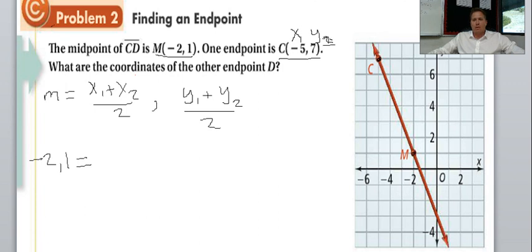Should be a 1. So where x1 is at, I'm going to put a -5 plus x2 over 2. And for the y, I want to plug in the y point since I already know it. So I'm going to plug in right here my 7 plus y2 over 2.